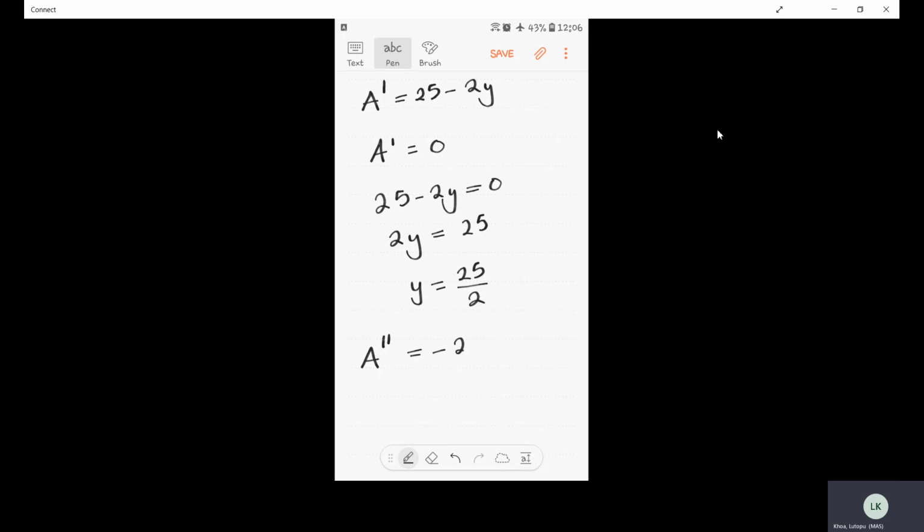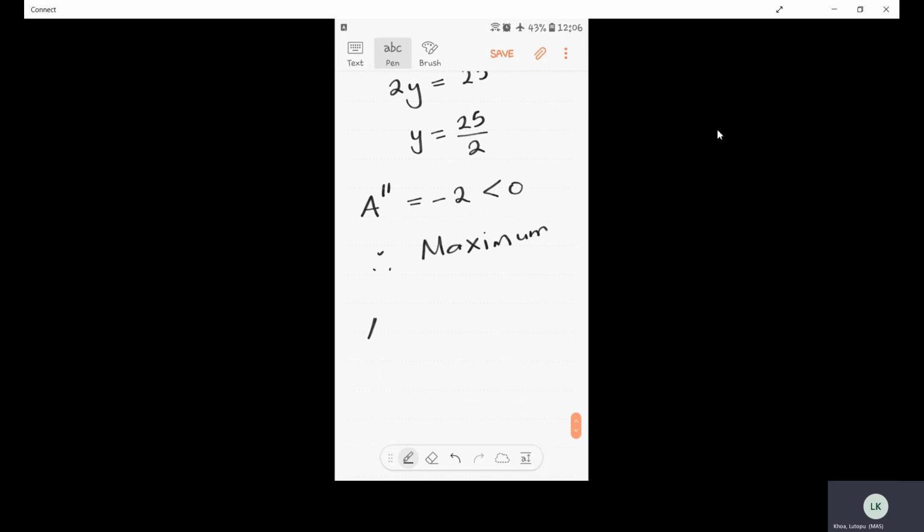So this is negative 2, which is less than 0, and therefore I have a maximum. So when I substitute, A double prime of 25 over 2 is equal to minus 2, because your A double prime is a constant function. Whatever you put into the function, you get minus 2 out. So it is indeed a maximum.